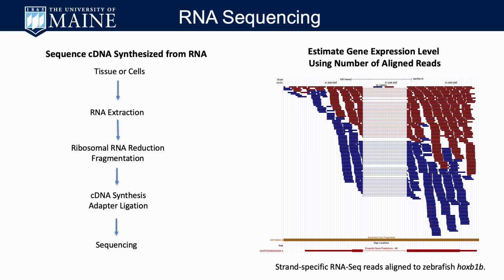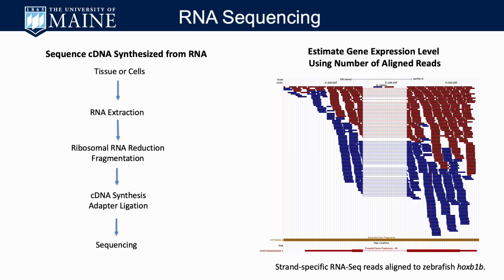So RNA sequencing involves taking the RNA that's extracted from tissues or cells, shown on the left. That RNA is processed to remove ribosomal RNA, because most RNA in a total RNA sample are ribosomal RNAs.